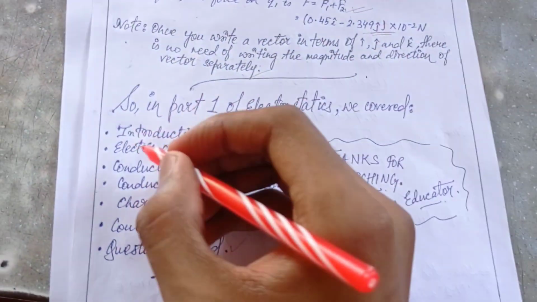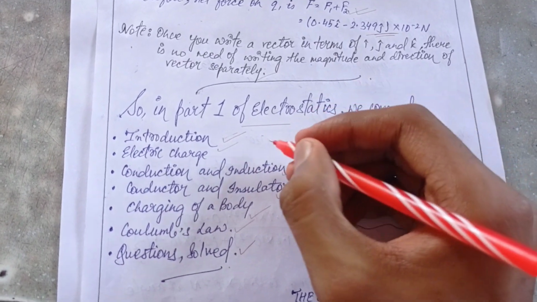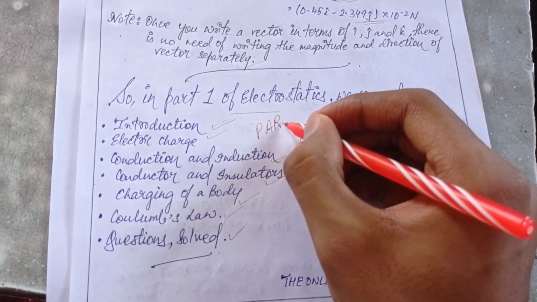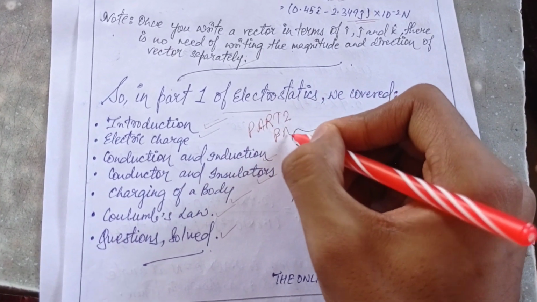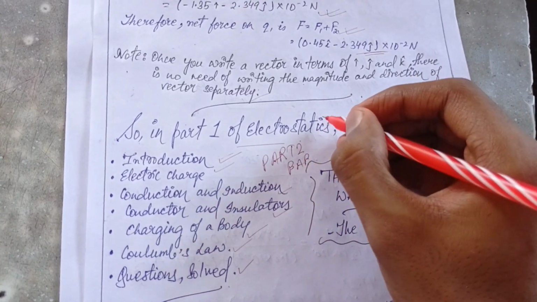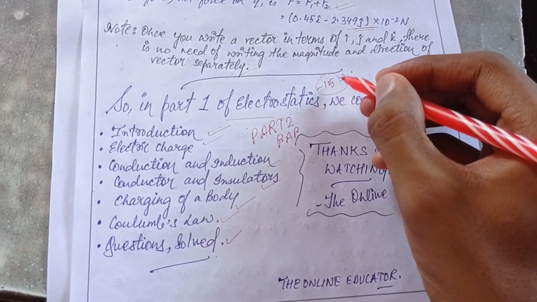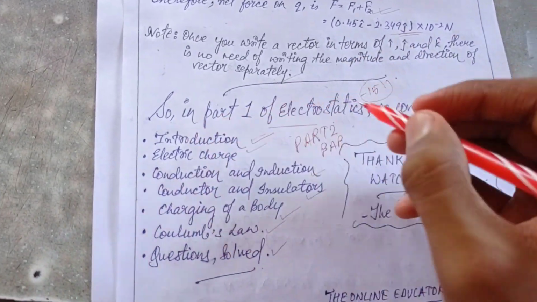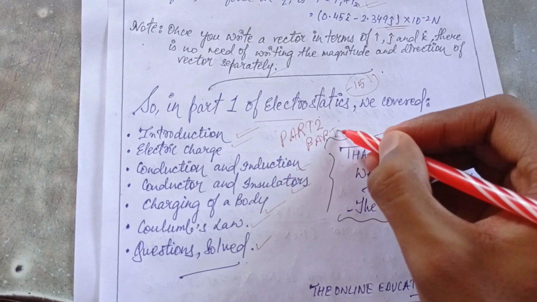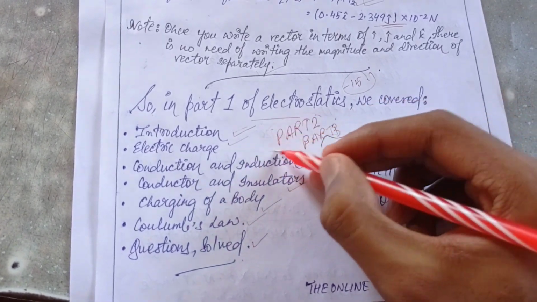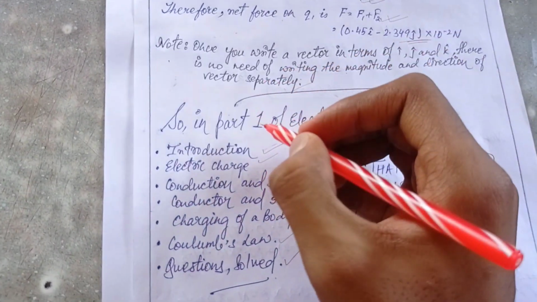So we covered our part 1, and we'll soon take out part 2 and part 3 of electrostatics. Basically in electrostatics there are 15 topics, so I'll be covering 5 topics in one video. Part 2 will come soon, so please stay tuned.